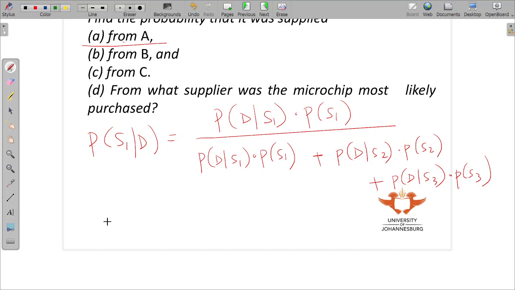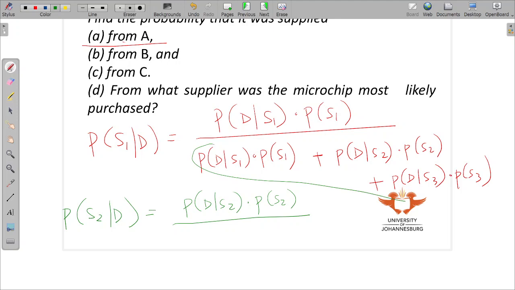But let me quickly write this again. Probability of S2 given D is just the same, only that the numerator now changes to S2, all over the same denominator we have here.